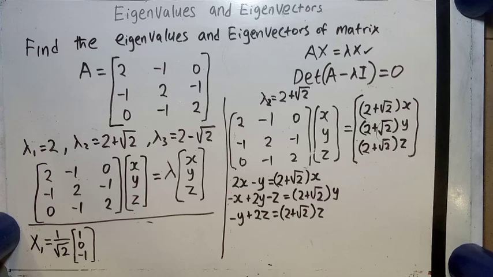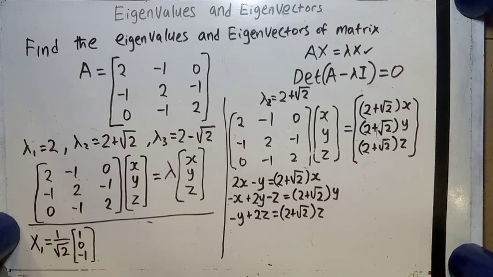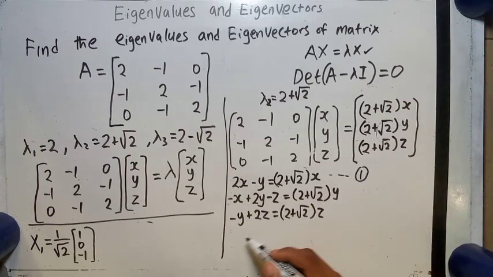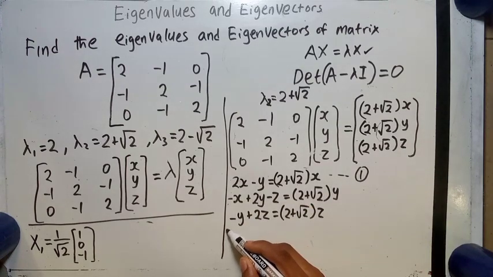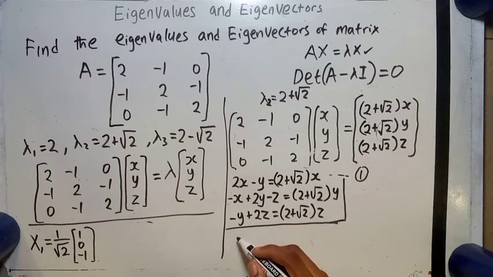Let's do y coming over here, this guy coming over here. Because of space, this is equation 1 coming here. This is where I'm continuing my equation 1 from.